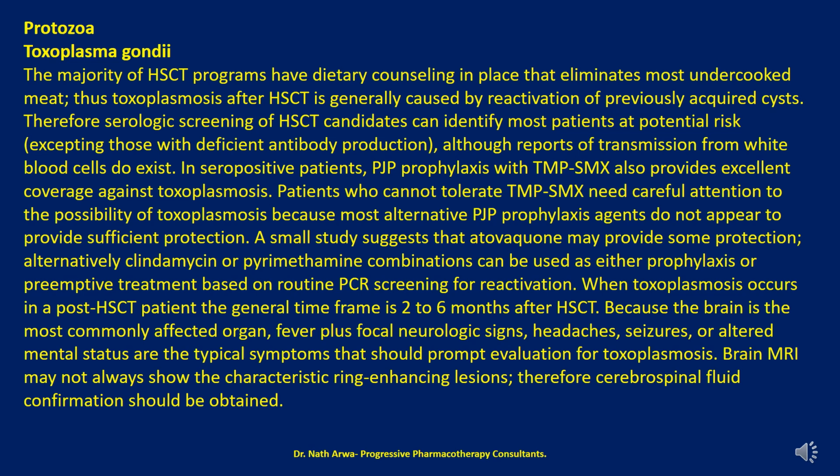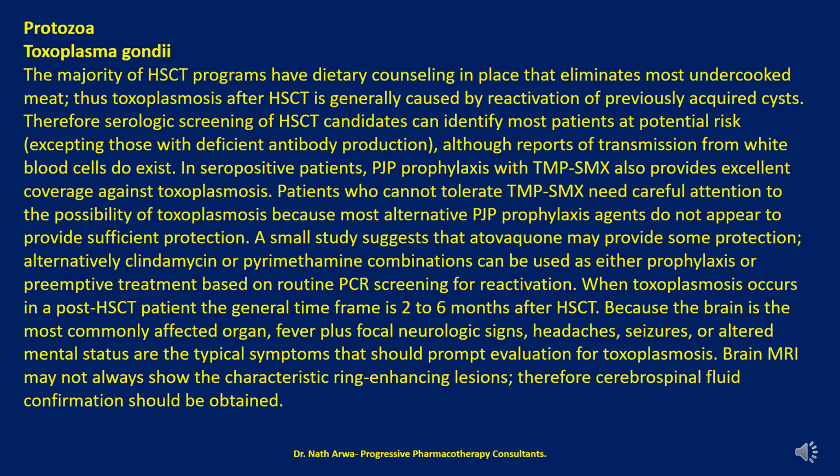The majority of hematopoietic stem cell transplantation programs have dietary counseling in place that eliminates most undercooked meat. Thus, toxoplasmosis after hematopoietic stem cell transplantation is generally caused by reactivation of previously acquired cysts.